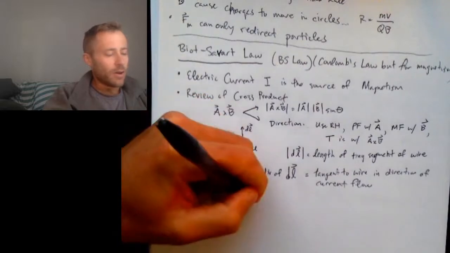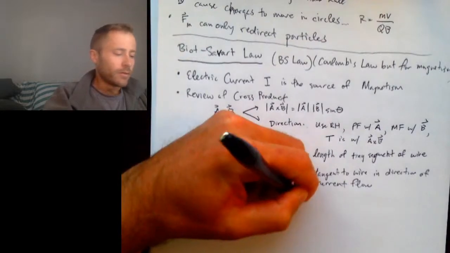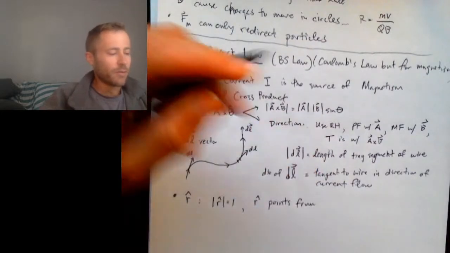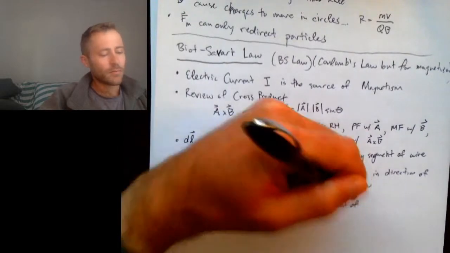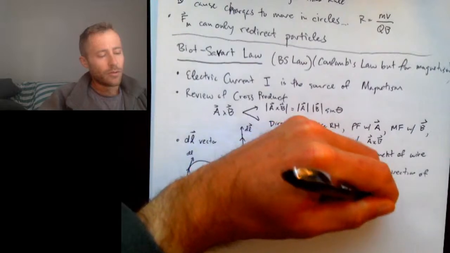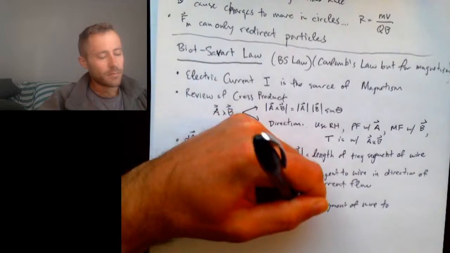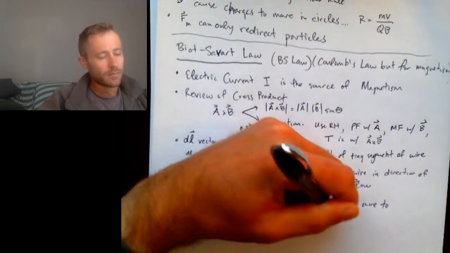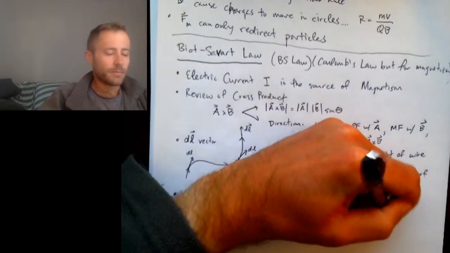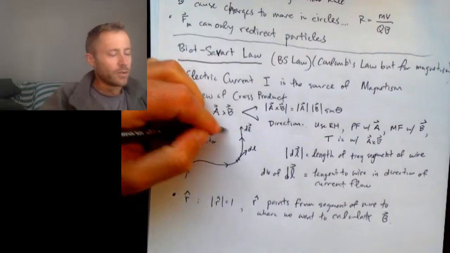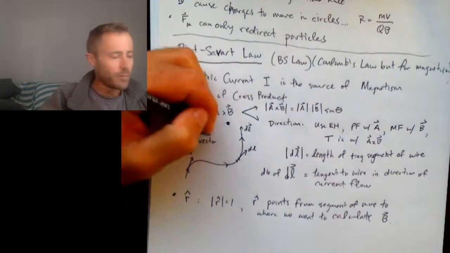And r hat points from the segment of wire to where we want to calculate the magnetic field. So let's say that I wanted to calculate the magnetic field right here at point P.